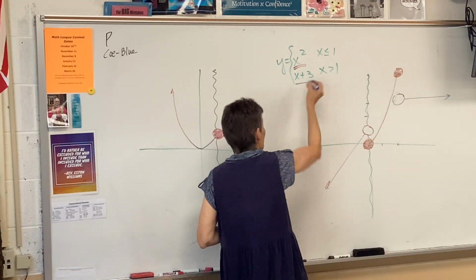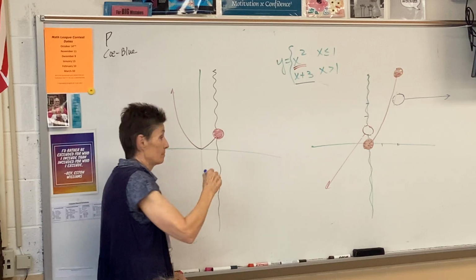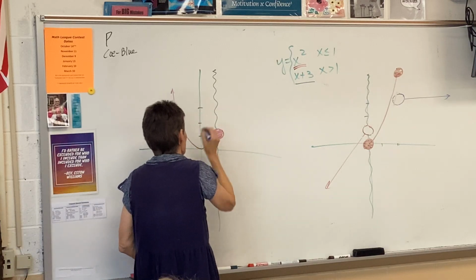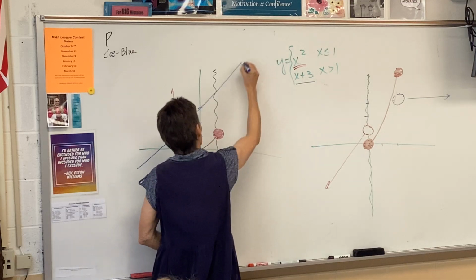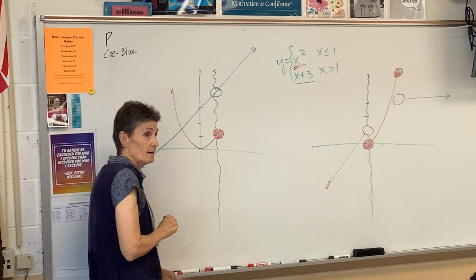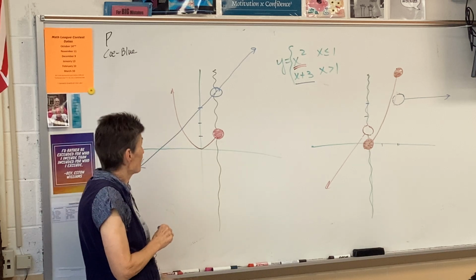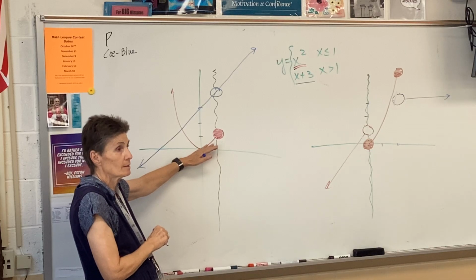Alright, what shape is that? Linear, up 3. So instead of going through the origin, going through up here, and hitting the squiggle right there. Remember, the normal linear would go to the origin.